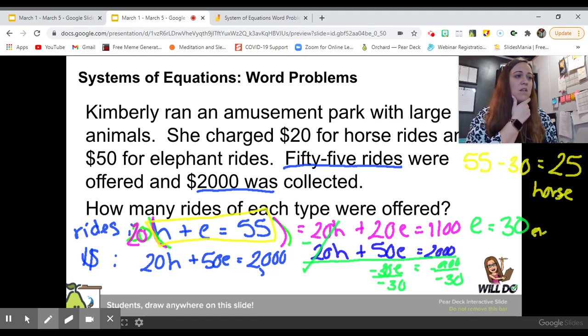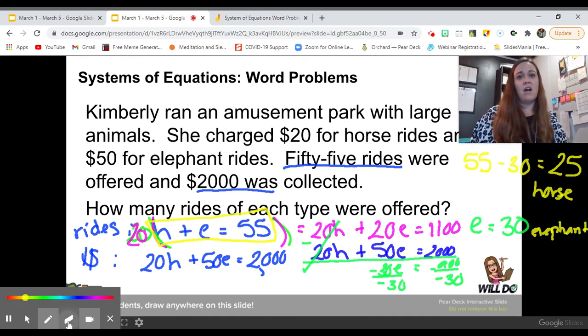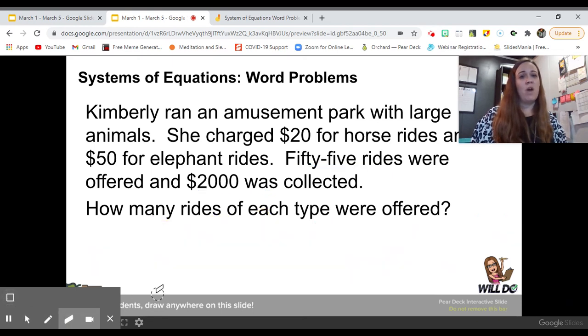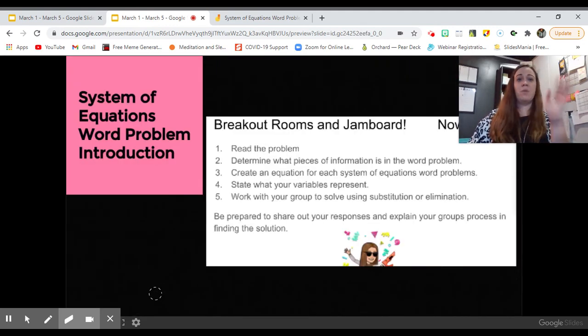and 30 elephant rides. Okay, so I hope this video has helped you guys. I'm going to take it back to the very first slide so we can just review our steps. So we read the problem, we determine what pieces of information are given, so what totals are given in your particular word problem, create an equation for each, state what your variables represent, and work to solve for the variables, either by substitution or elimination, and you are able to choose that method.